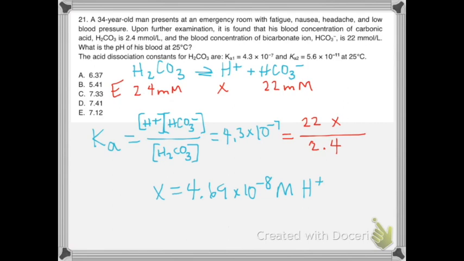So then we can just take the negative log of that value to get that the pH is equal to 7.33. Which kind of makes sense. Anything too far from 7.4 would be super dangerous in the body. Okay, so this one's not too bad.